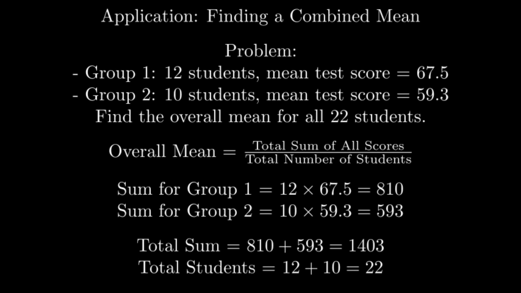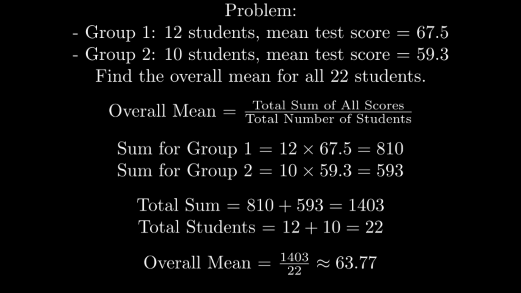Now we can find the grand totals. The total sum of all scores is 810 plus 593, which is 1403. The total number of students is 12 plus 10, which is 22. Finally, the overall mean is 1403 divided by 22, which is approximately 63.77. Notice this is closer to the mean of the larger group, which makes sense.